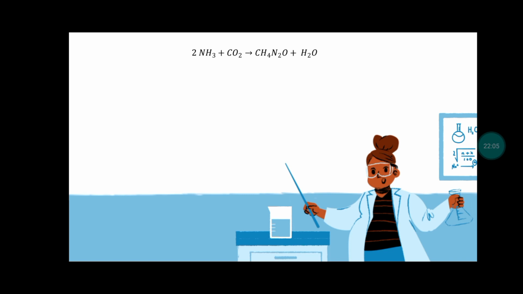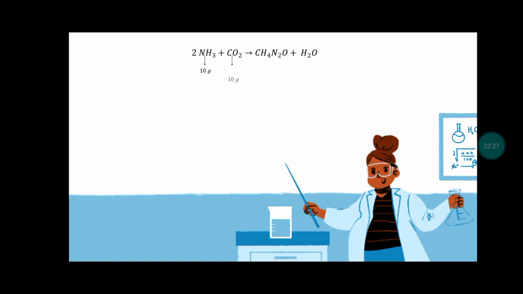Let's take a look at a real reaction. So, ganito. Urea is produced this way. So, we need 2 moles of ammonia plus 1 mole of carbon dioxide to produce urea. If we start with 10 gram of each reactant, which one limits the reaction?